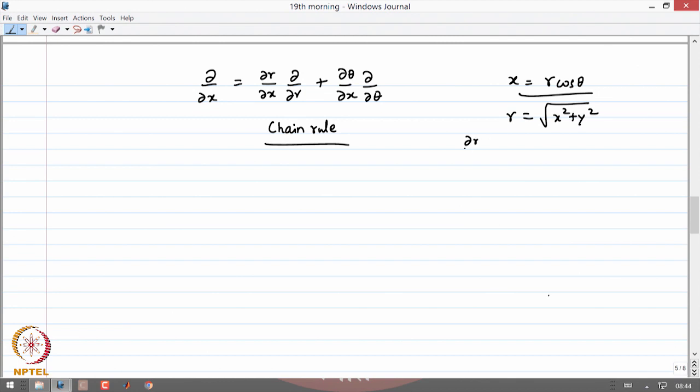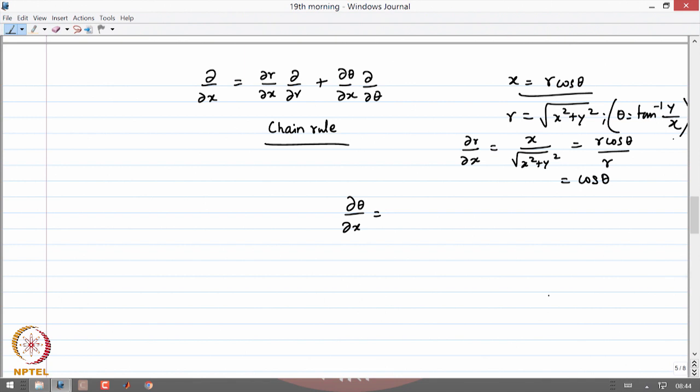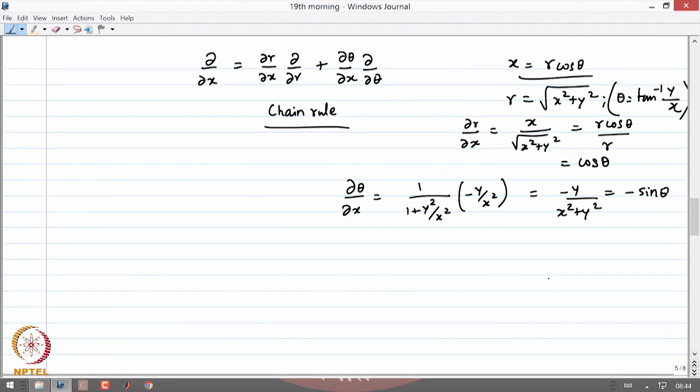Therefore ∂r/∂x is x by square root of x² + y², and that is r cos θ by r, and that is cos θ. Likewise ∂θ/∂x: if you recall, θ is tan⁻¹(y/x), and therefore the derivative of tan⁻¹ is 1 by 1 + y²/x² times −y/x², which gives you −y/(x² + y²), and in terms of r and θ it gives you −sin θ by r.